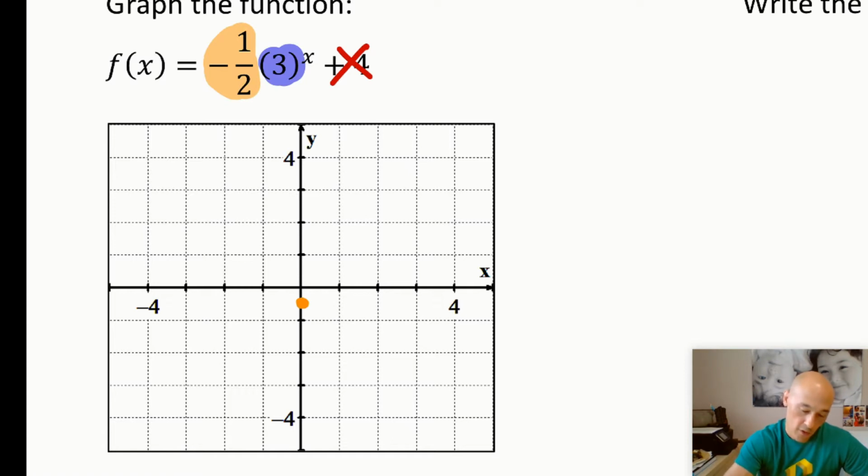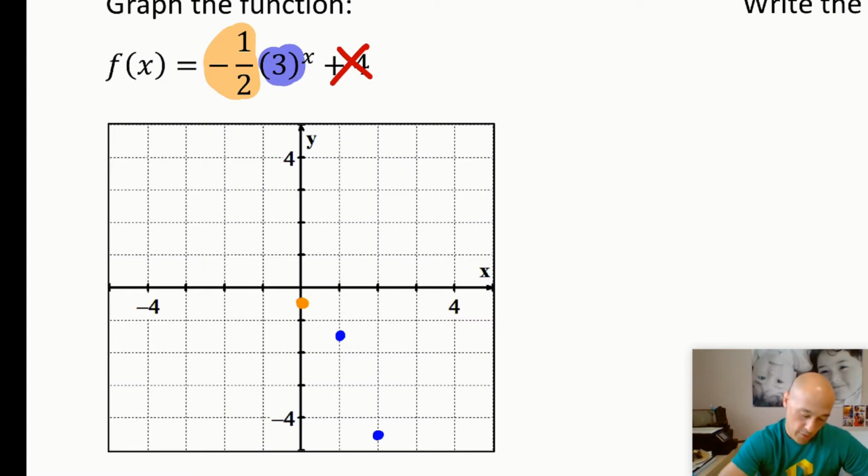So when we move to the right 1 unit from the y-intercept, we multiply this y value by the b value there. So -1/2 times 3 would be -1.5. And then when we move to the right from there, we multiply it by 3, so it's going to be -4.5.